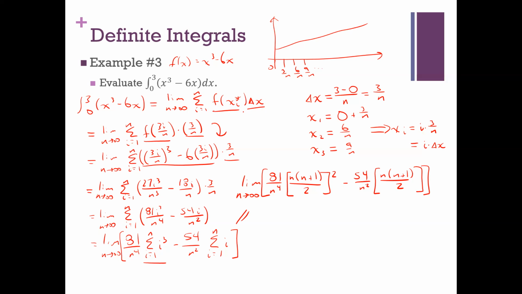Let's say this, can someone tell me how we got the delta x is equal to 3 over n for this specific case? Sebastian? So we subtracted 3 minus 0. What are the 3 and 0 coming from? Good.